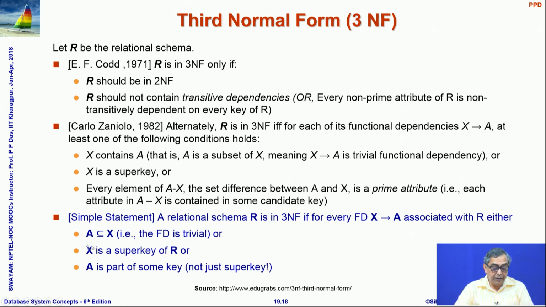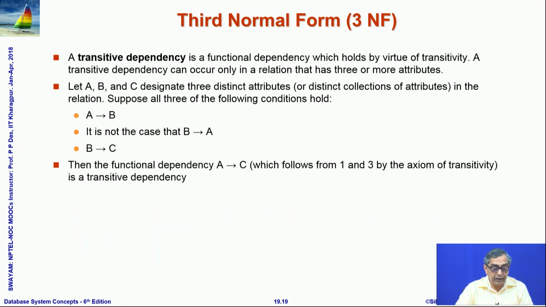Otherwise, for a functional dependency, either the left hand side has to be a super key, so that it determines everything, or the right hand side is part of some key, not just super key, but part of some key. If these two conditions are satisfied for all the functional dependencies X determining A, then it is in third normal form. You will guarantee that some more redundancies will be reduced in this.